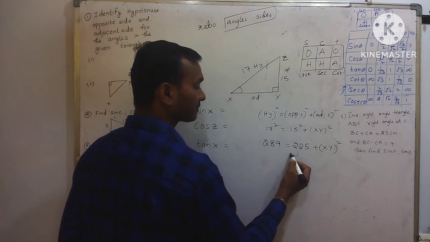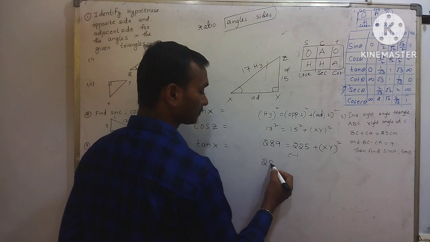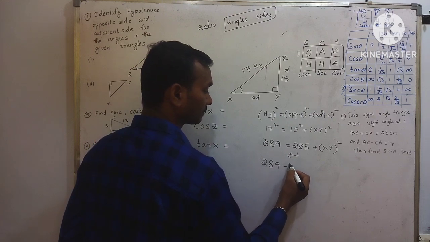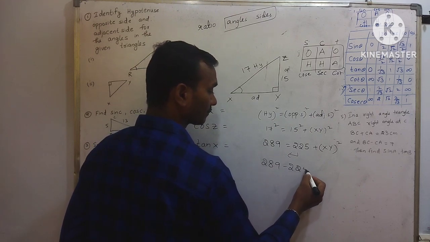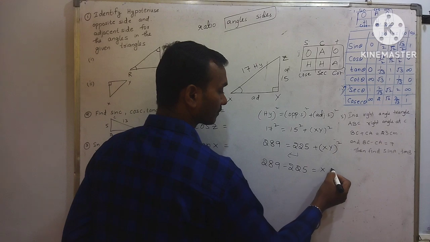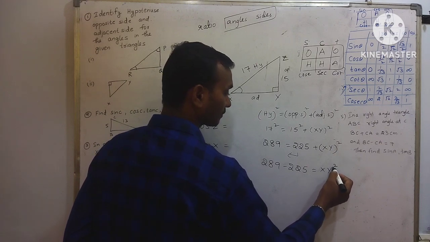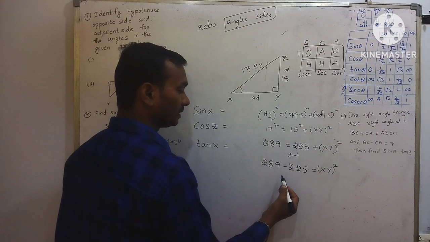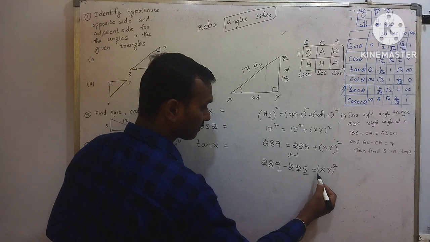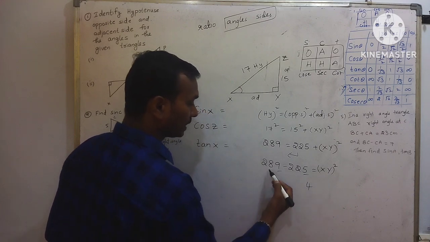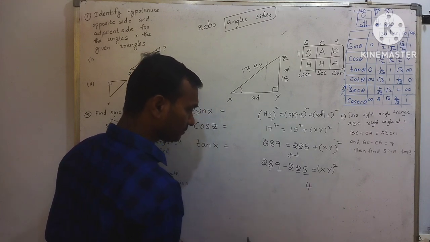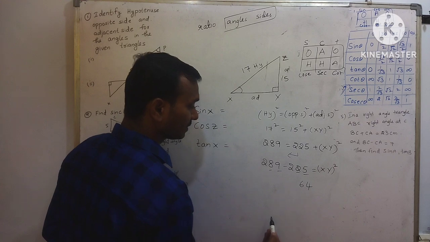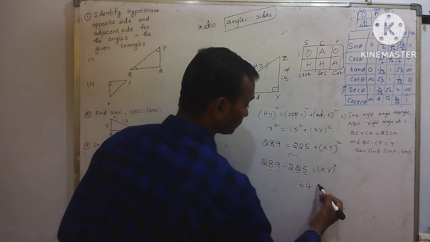So if you bring it to the left side, the difference is 9 minus 5 becomes 4, 8 minus 2 becomes 6, 64 we are getting.